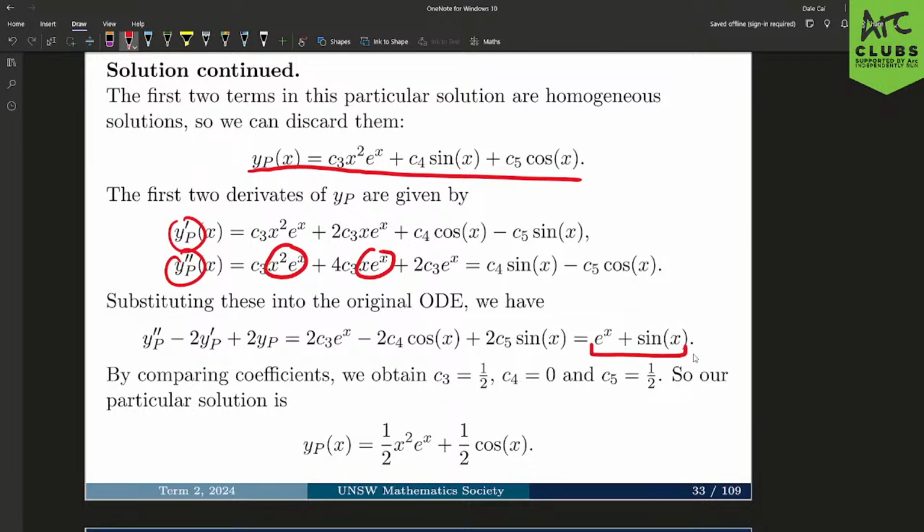Since it equals e to the x plus sine x, the x e to the x and the x squared e to the x terms obviously have to be 0. So that just saves a bit of time when you're doing the actual exam. But you'll get this expression, and by matching coefficients, you get C3 equal to 1/2, C4 will be 0, C5 will be 1/2. And we get a particular solution here.